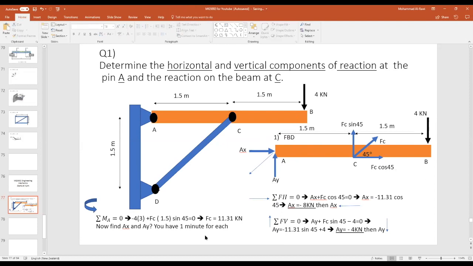That's the equation we start with. It's the helpful equation to find the value for FC. As soon as you find FC, you can use the algebraic summation of forces, horizontal and vertical, rearranging.